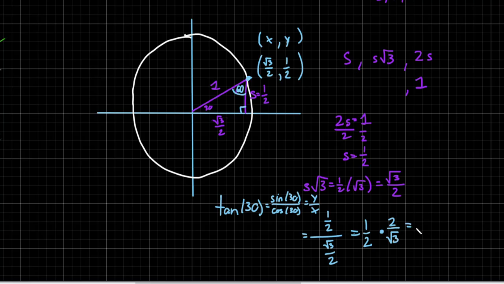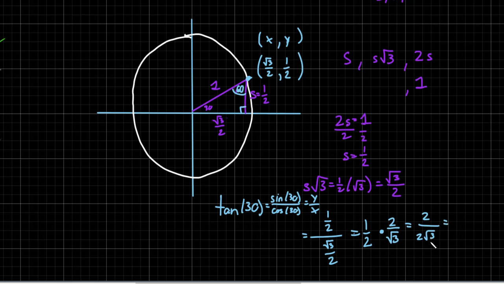Okay, can you simplify those? Multiply them together. 1/2 times 2 over square root of 3. What's that equal? What is 1 times 2? What is 2 times 1? Square root of 3. Yep.